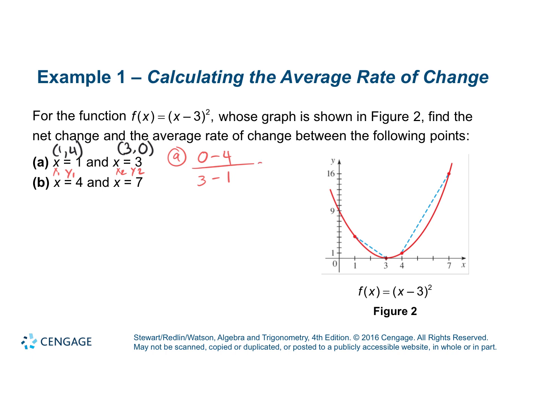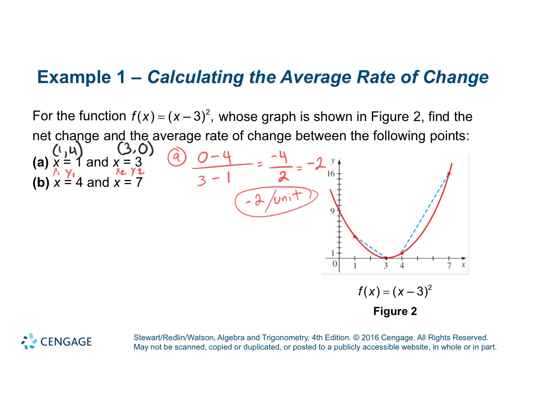So that's going to be negative 4 over 2, which is going to give us negative 2. If you don't have units, which in this case we don't, you can leave it as negative 2, or you can write negative 2 per unit. Either way, it's going to be fine.